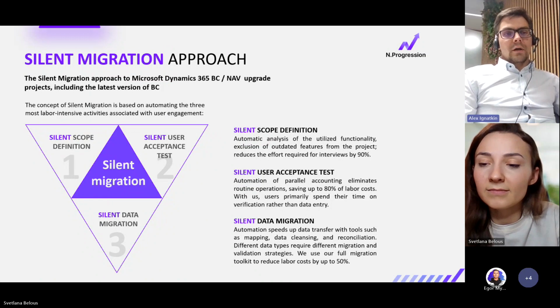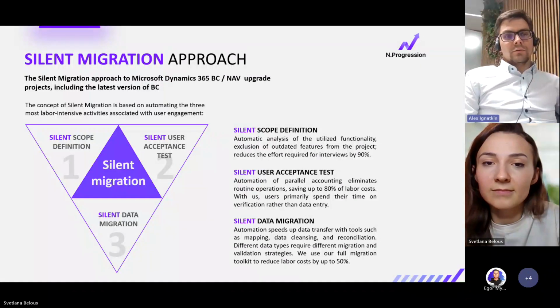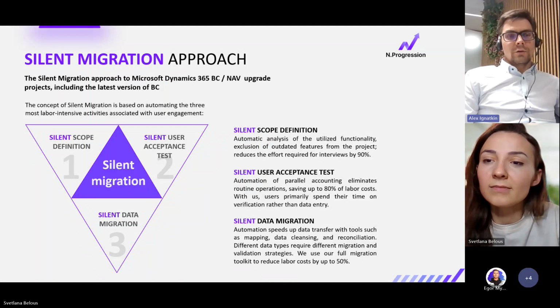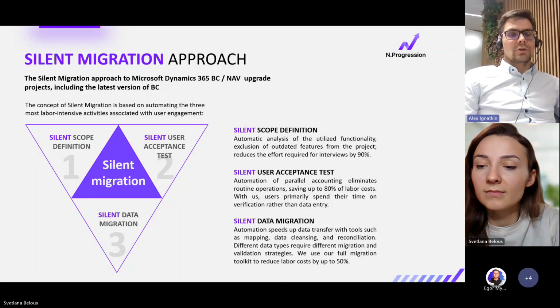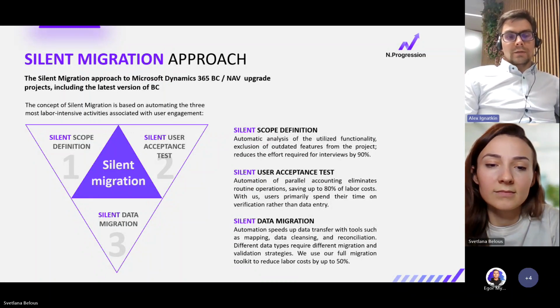So the first group of activity relates to the scope definition. You need to understand what is the scope of the project, what you need to migrate to the new version, and what not. And we have an automated tool which helps to reduce workload on key users, end users or analysts during this stage by up to 90%.